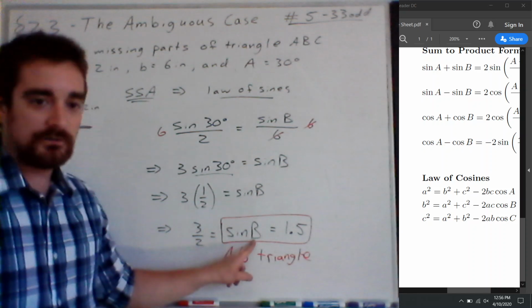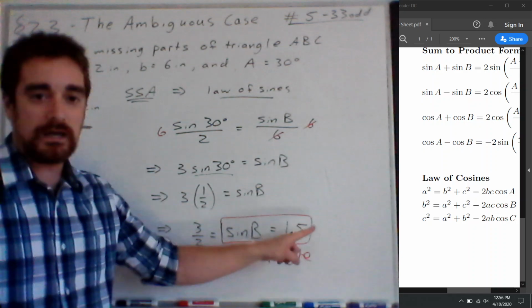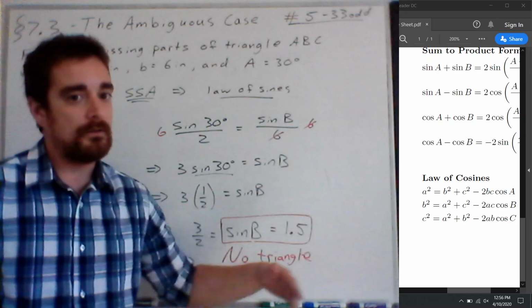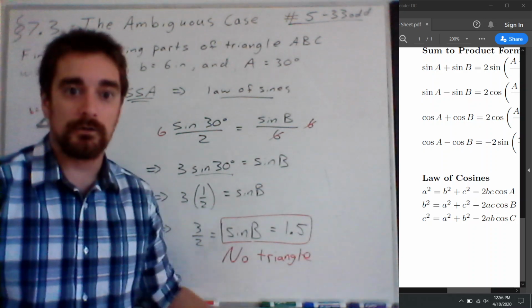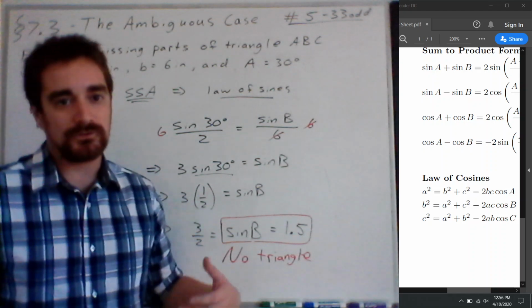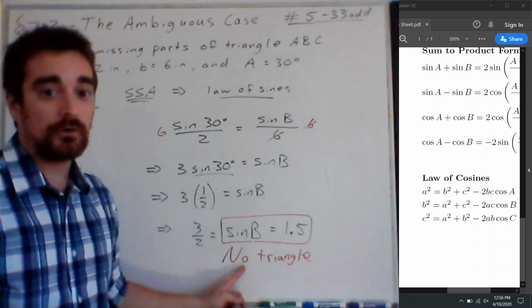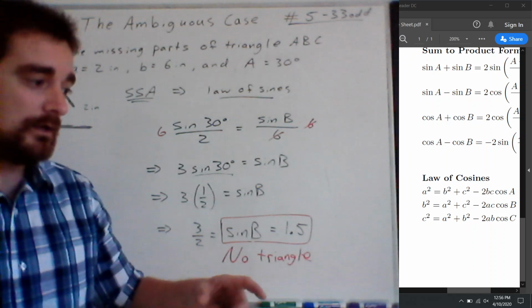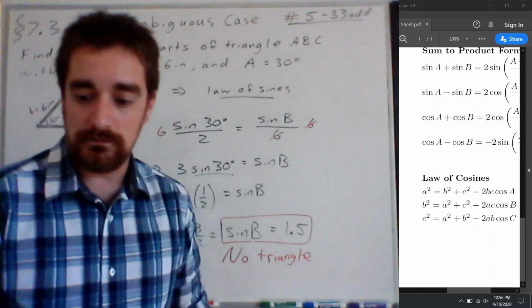The sine function cannot take on this value. And if we tried to find b using our calculator, we would do sine inverse of 1.5. Immediately, your calculator is going to say error. Don't write error on your test as the answer. The answer is not error. The answer is there is no triangle. You have to understand what that sine function is telling you.